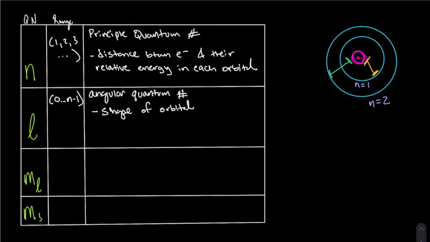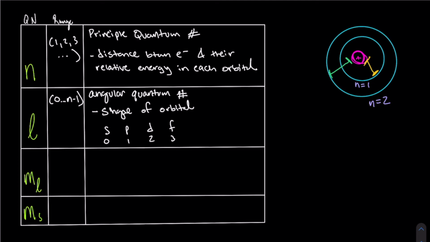And for each L value, you have a different shape, right? So for S, you're going to have a value of 0. For P, you're going to have a value of 1. For D, you're going to have a value of 2. And for F, you're going to have a value of 3.